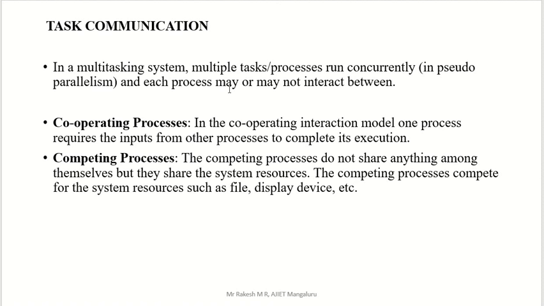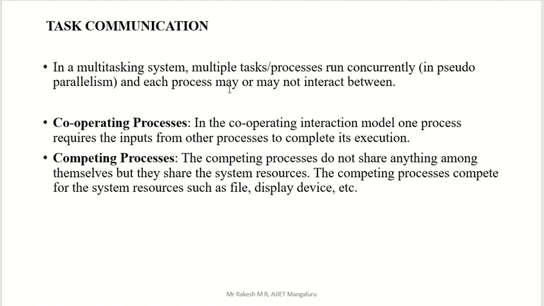Why is it required? If your process is a cooperating process, then some of the execution properties are the same between those two processes. Now there is a requirement of some communication. That means there is a requirement of some of the variables of the other process.